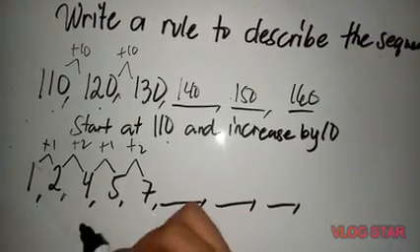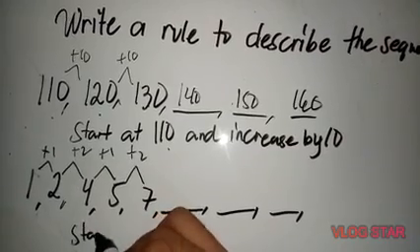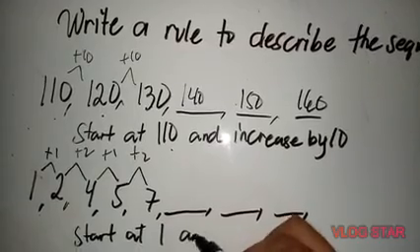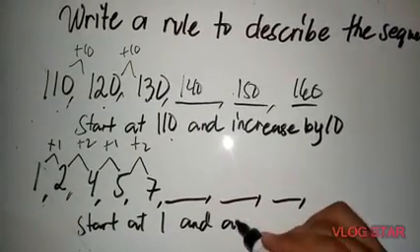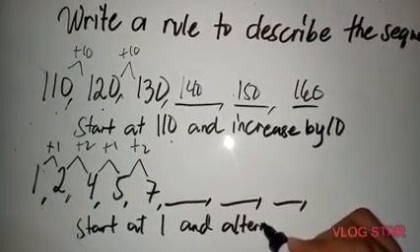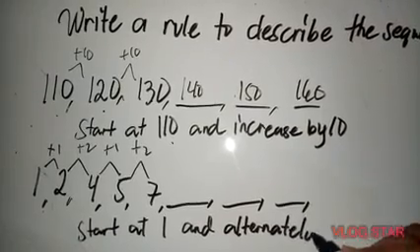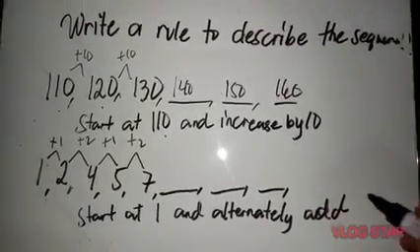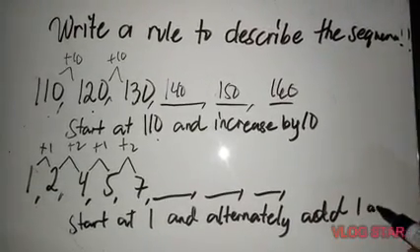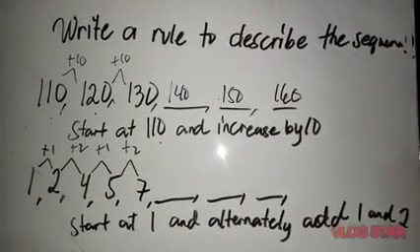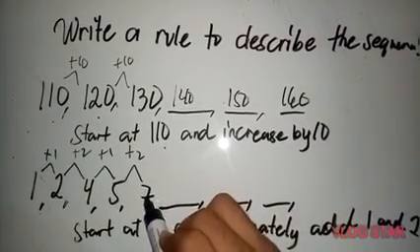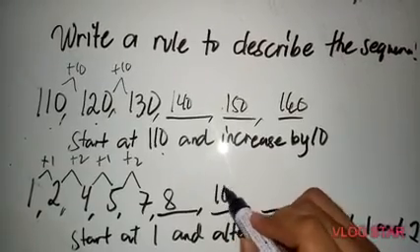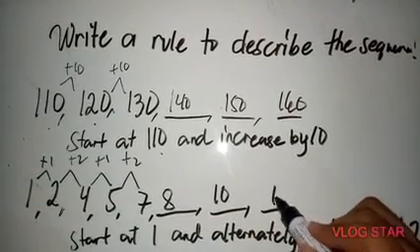So the rule is start at 1 and alternately add 1 and 2. So if this is 7, the next terms are 8, then 10, then 11.